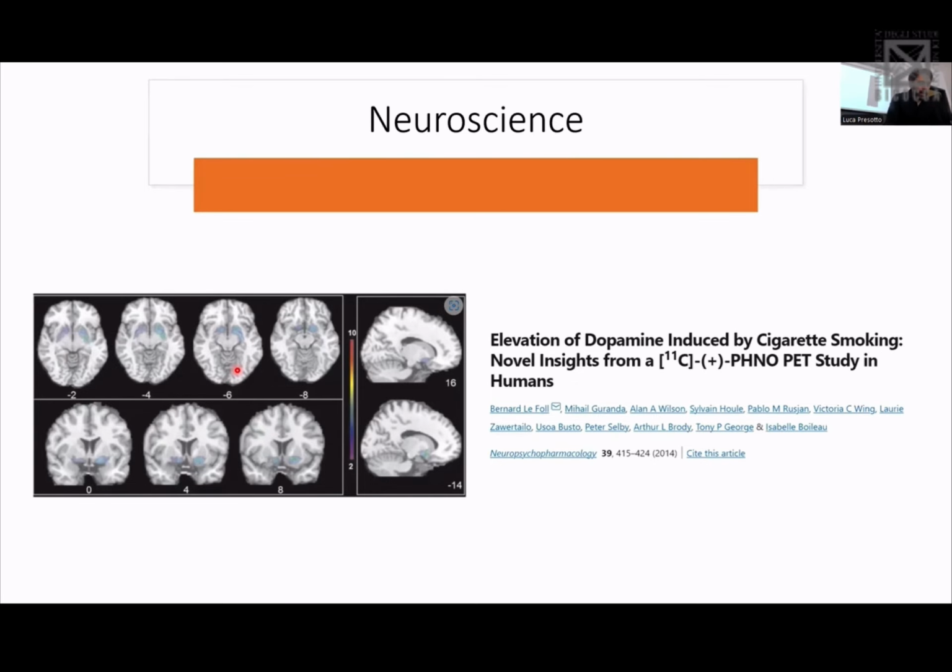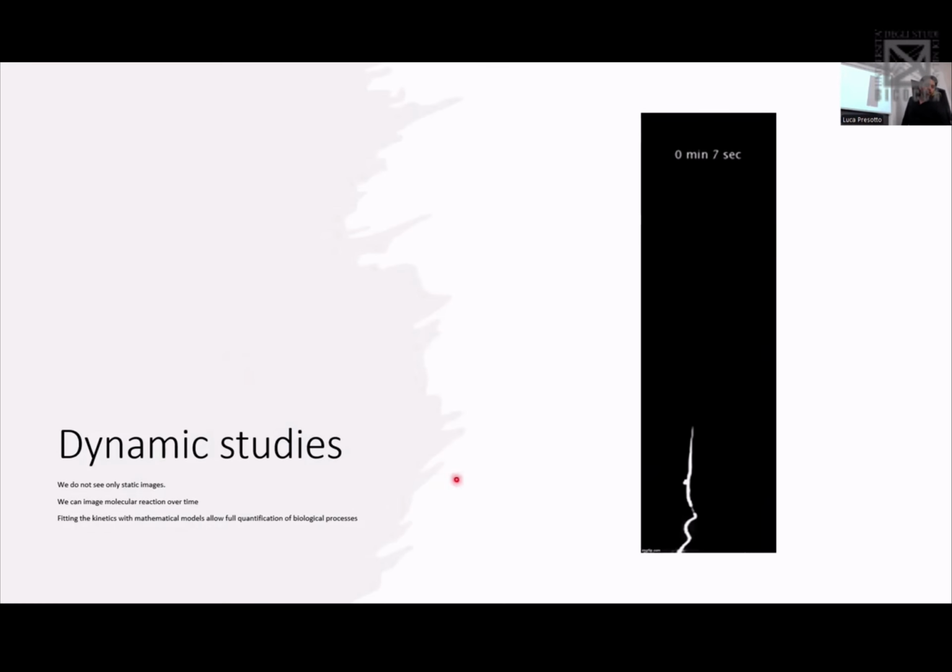Now, another thing that we can do, I've shown you images, but actually when I say you can follow the tracer in the body, you can do it over time. You don't need to do it in a specific second. And by the way, most molecules have some kind of temporal kinetic attached to them, depending on how long it takes to react with their intended receptors.